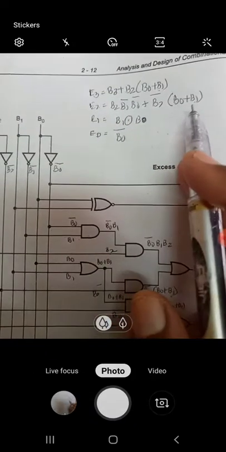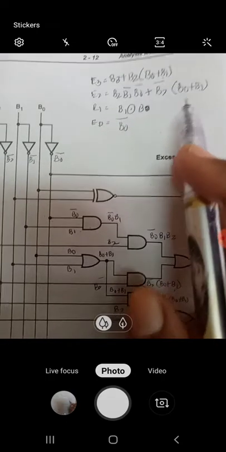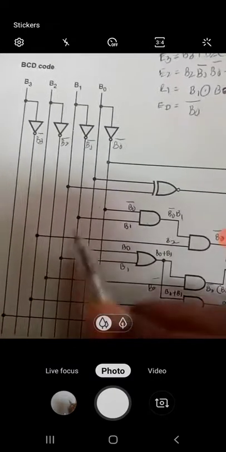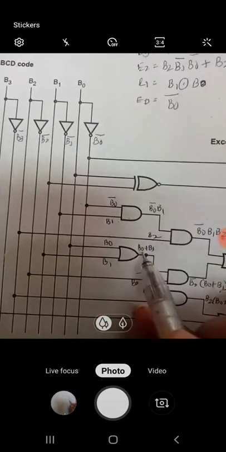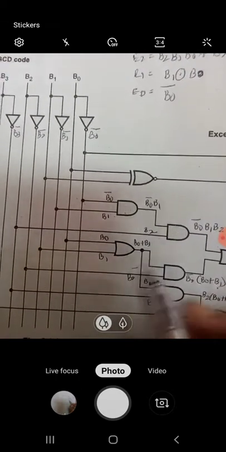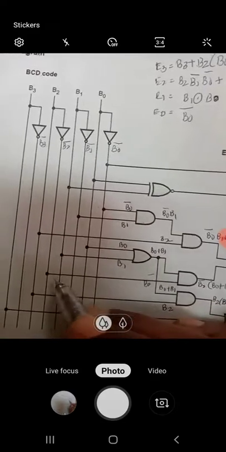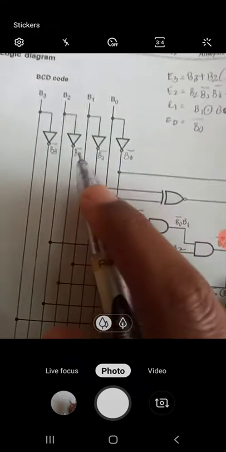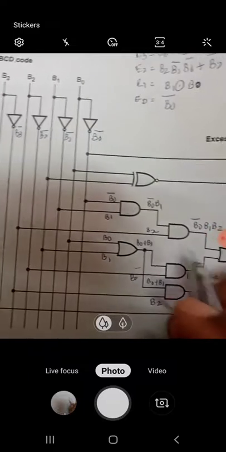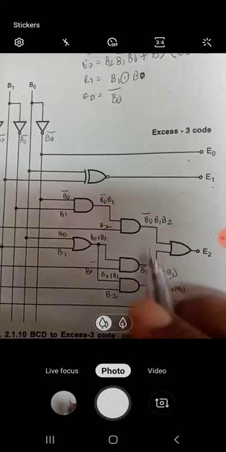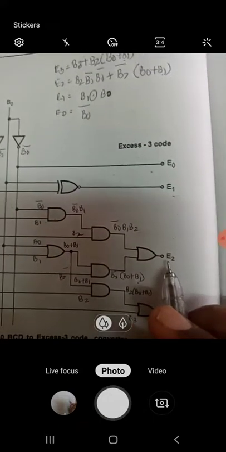B0 plus B1 means you have to have an OR gate for B0 and B1. So I have taken an OR gate, the inputs are B0 and B1. I have ORed this, so we get B0 plus B1. Now this is ANDed with B2 bar. See here, this is your B2 bar. When we AND, we get B2 bar into B0 plus B1, which is the expression for E2.